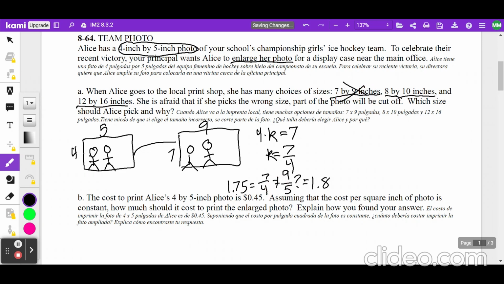Let's check 8 by 10. Is that going to be the same thing, just scaled bigger? Let's see. We've got 4 by 5. K is 2.